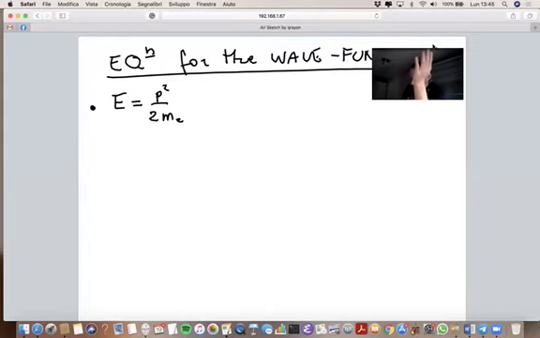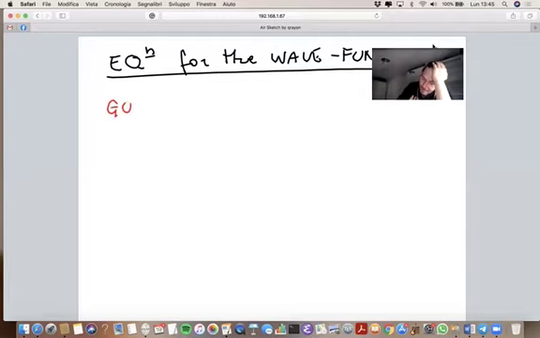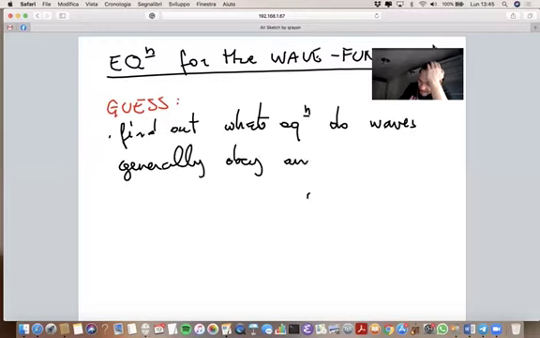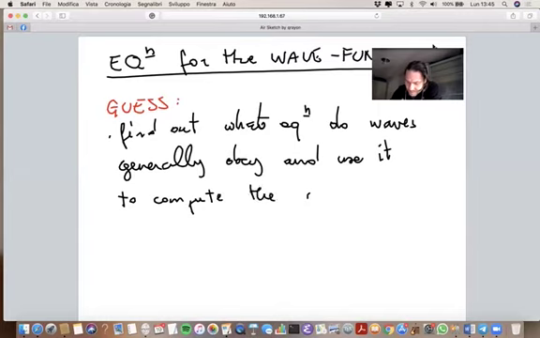Let me repeat this. The first guess is: find out what equation waves generally obey, and use it to compute the wave function.